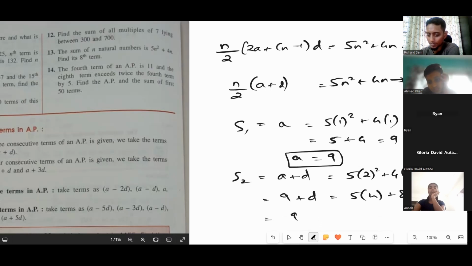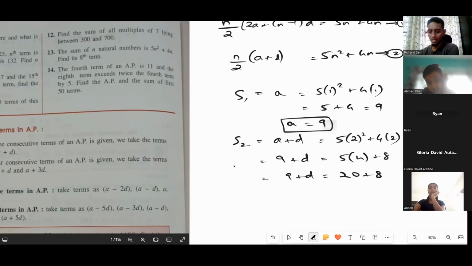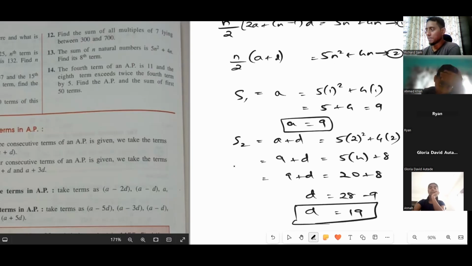That means 9 plus D is equal to 20 plus 8, that is 28. So D is equal to 28 minus 9, D is equal to 19. From the sum of the first term we got A, and using the sum of two terms we got D also. You understand?